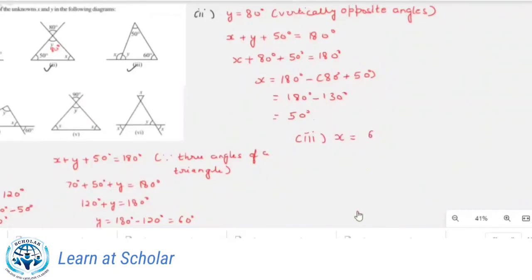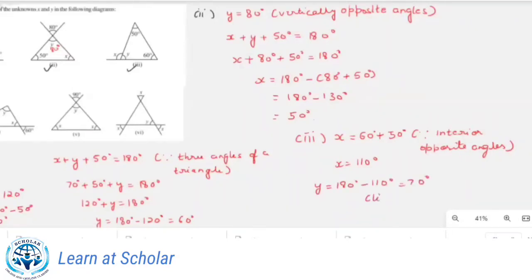Now the third one, x is equal to the sum of the two interior opposite angles, 60 plus 30. And now you can easily take out the value of y, as y lies adjacent to x. It forms the linear pair.